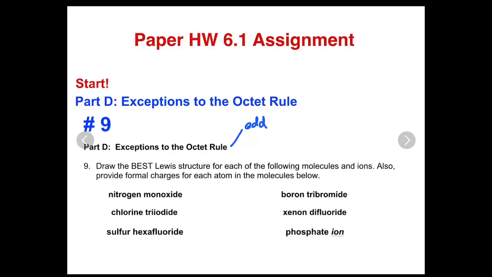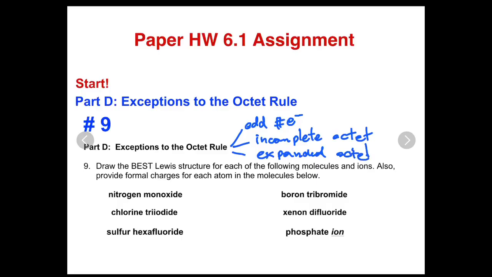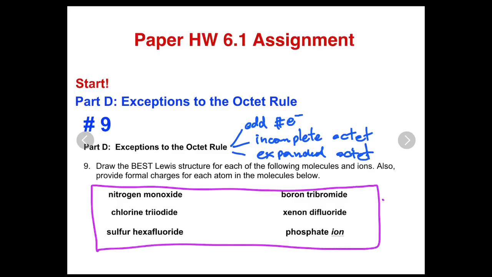One would be odd number of electrons, the other one would be the incomplete octet, right? And the last one we just looked at is expanded octet. Okay, so that means this example here would fall into those sections. So start working on homework soon to reinforce your understanding.